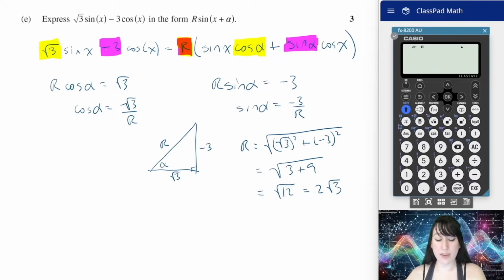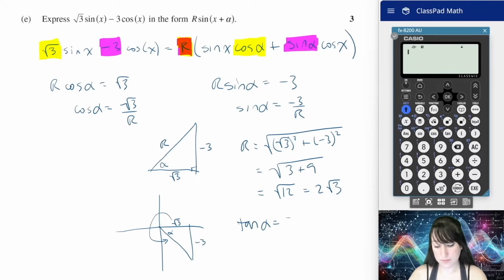Be careful though, because we need to pay attention to what's positive and what's negative. We have cosine positive and sine negative. That means we're in quadrant 4. What's alpha? Now, if we rationalize that denominator, we might recognize what this angle should be.